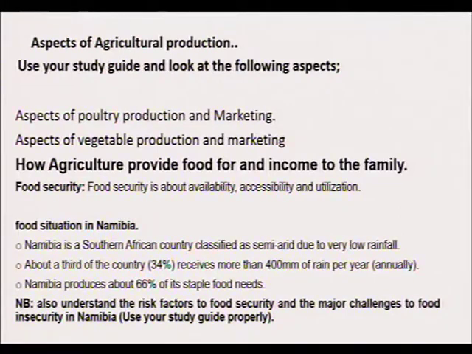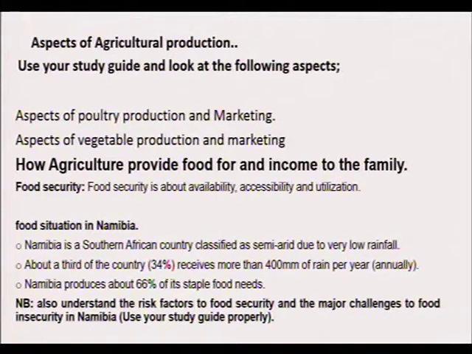Now, looking also at the subject of how agriculture provides food and also income to the family. Here I also want you to look very closely at food security. When we talk about food security, we talk about food availability, accessibility, and utilization.